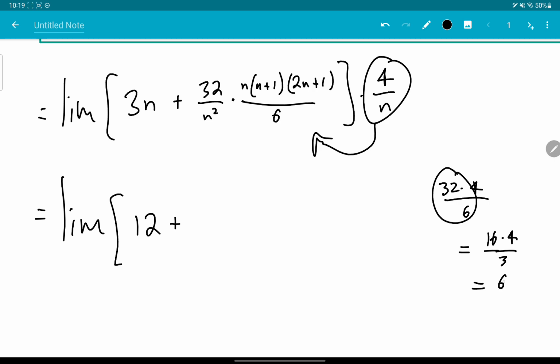So that's 64 over 3, n squared times n, giving me n cubed, n plus 1, and so on. Et voila.